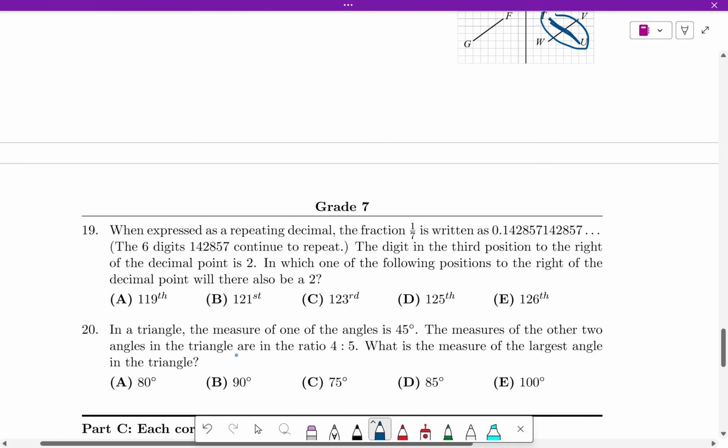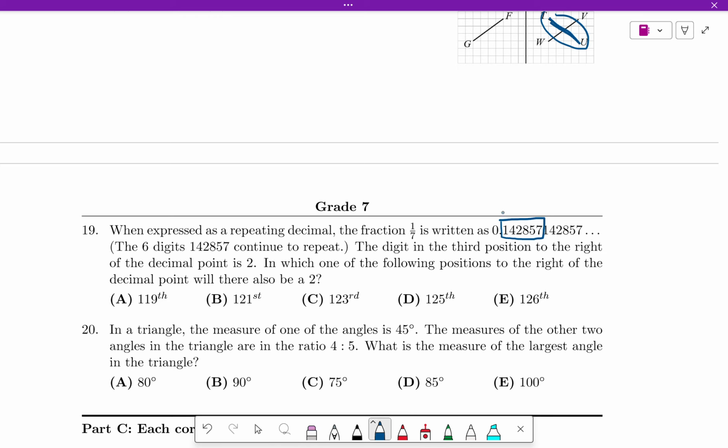Question 19. When expressed as a repeating decimal, the fraction 1/7 is written as 0.142857142857. The 6 digits 142857 continue to repeat. The digit in the third position to the right of the decimal point is 2. In which one of the following positions to the right of the decimal point will there also be a 2? We can see that every 6 digits is a repeating group.